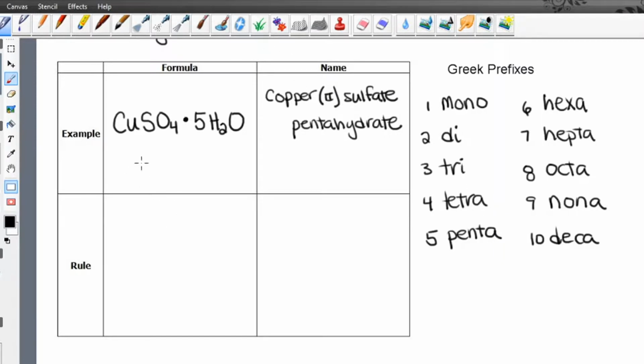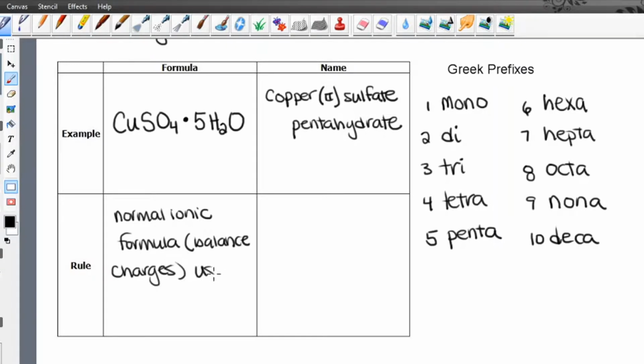If I was writing a rule to describe how we would write formulas for hydrates, I would say do your normal ionic formula. And what do I mean by normal ionic formula? Obviously, I mean balance your charges, cation first, then anion.